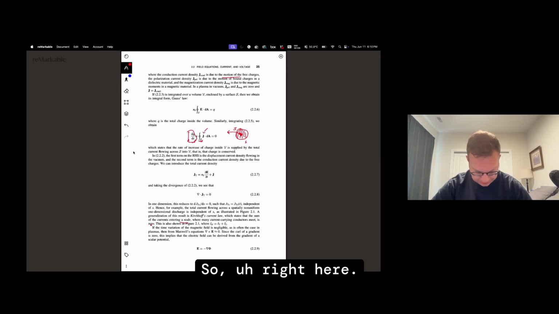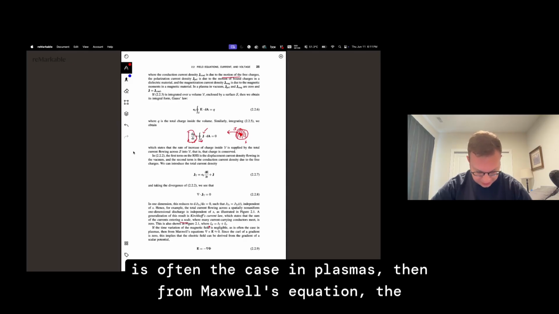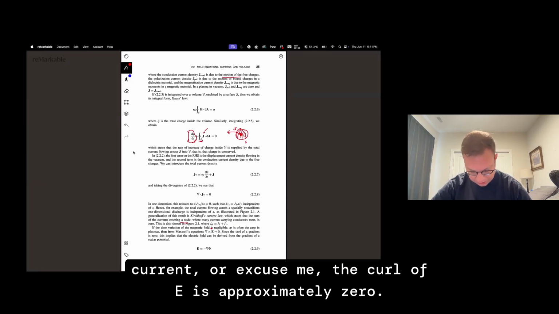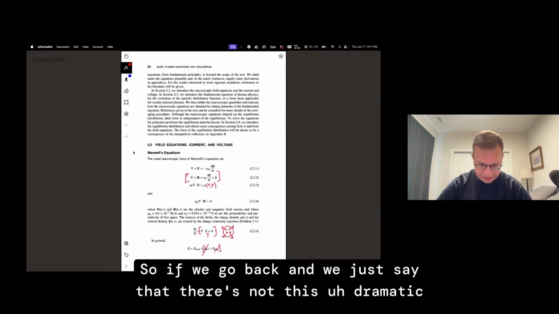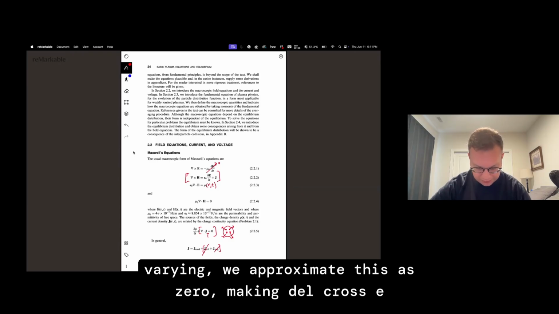So right here, if the time variation of the magnetic field is negligible, as is often the case in plasmas, then from Maxwell's equation, the curl of E is approximately 0. If we say that there's no dramatic generation of the magnetic field, it's either static or slowly varying, we approximate this as 0, making del cross E equal to 0.